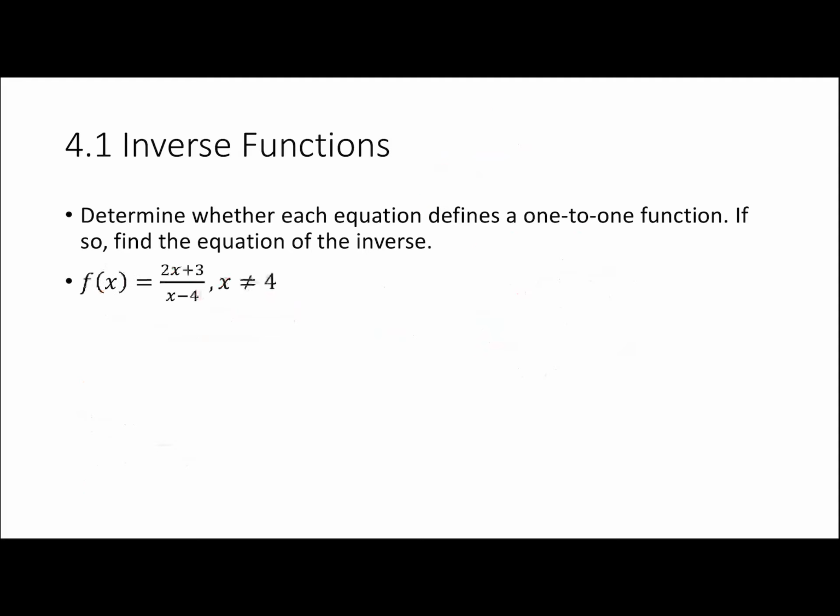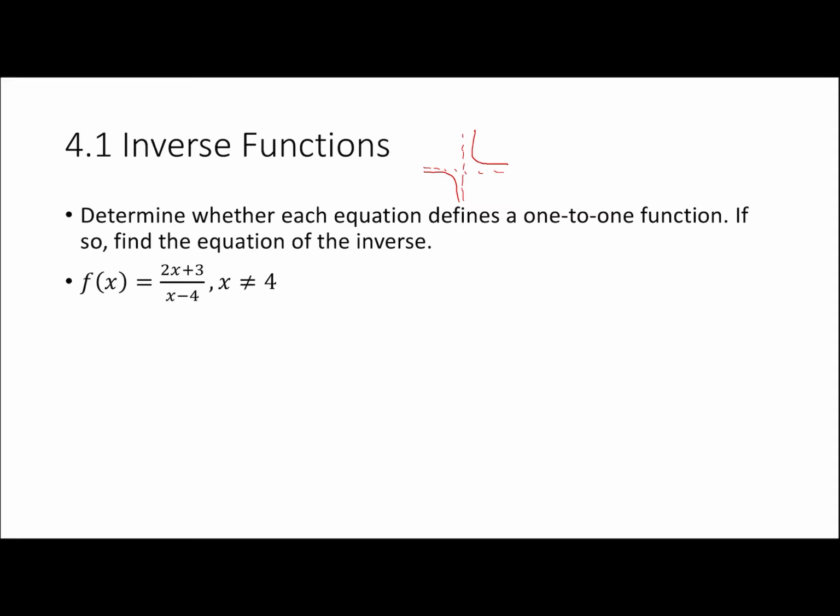Now, on the next one. This one too is a one-to-one function. Again, if you go back and look at our sections on functions, we've seen these graphs that have this x variable on the bottom, and you have a graph that kind of looks like this, where there's a vertical asymptote and there's a horizontal asymptote, and it's one-to-one because as it runs left and right, it never does go horizontal.